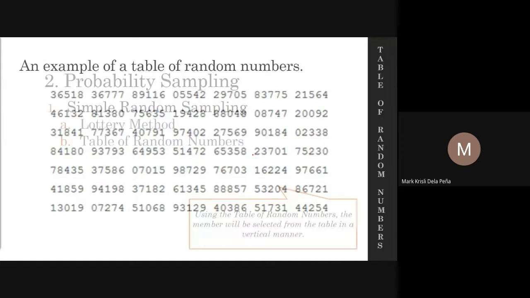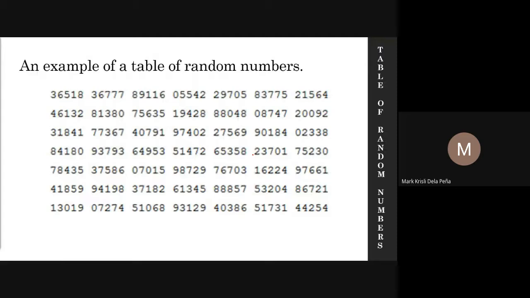Here is an example of a table of random numbers. This is just part of a very large table of random numbers. In my source, there are a lot of random numbers, more than 100. There are 5 digits per number, so each is a 5-digit number.